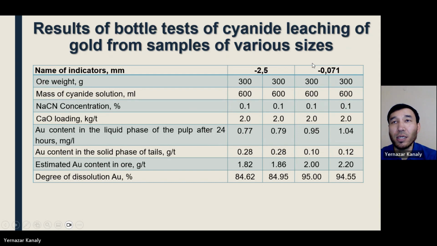From the crushed sample, an average of 94% is dissolved, and from the sample with a fineness of minus 2.5 millimeter, an average of 84% of gold is dissolved. In other words, it decreases by 10%. However, the performance during leaching of coarser ore is quite good, which indicates the possibility of using the heap leaching process.